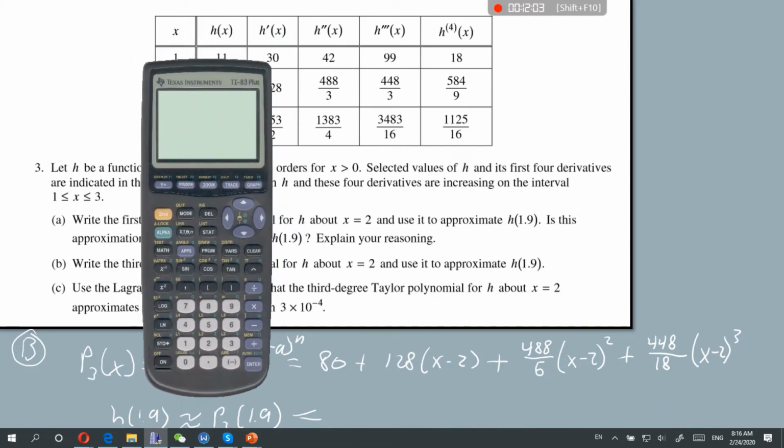So we've got 80 plus 128 times negative 0.1 plus 48 over 6 times negative 0.1 squared plus 48 over 18 times negative 0.1 cubed.